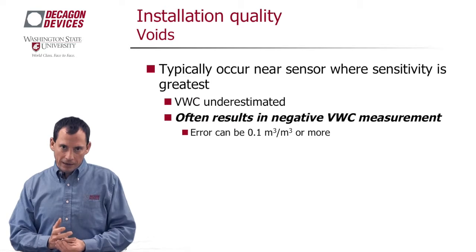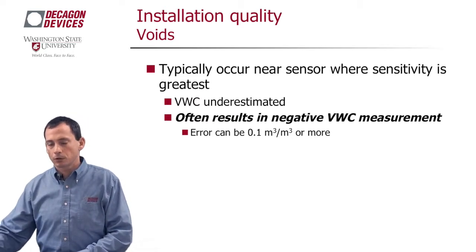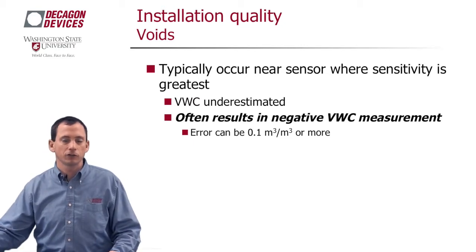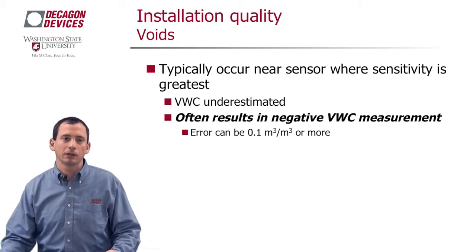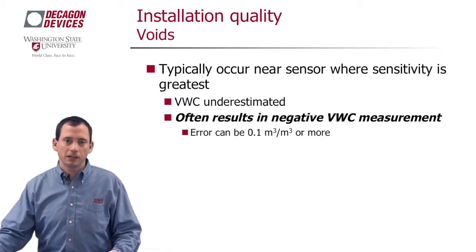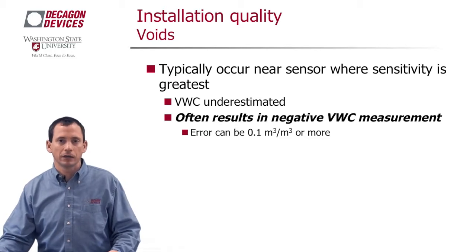We looked at the errors from sensor accuracy, we looked at the errors from converting permittivity to water content, and those are generally on the range of 2% or 3%, maybe a little bit more if they compound on each other. The errors from poor quality installation can be 10%, 15%, 20%. They're far bigger than all of those other errors.